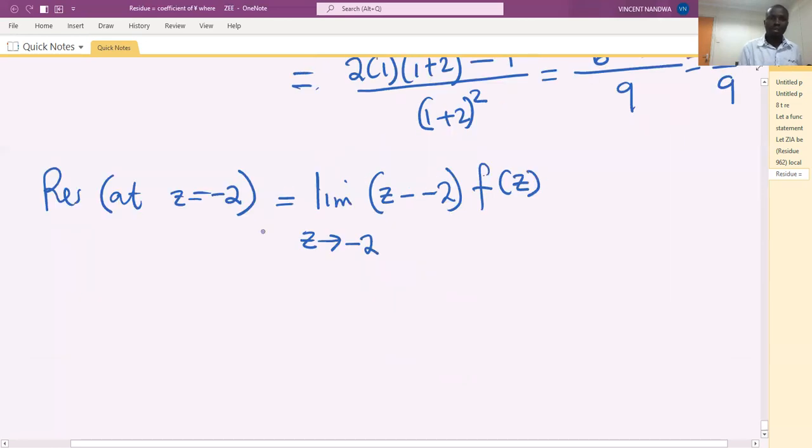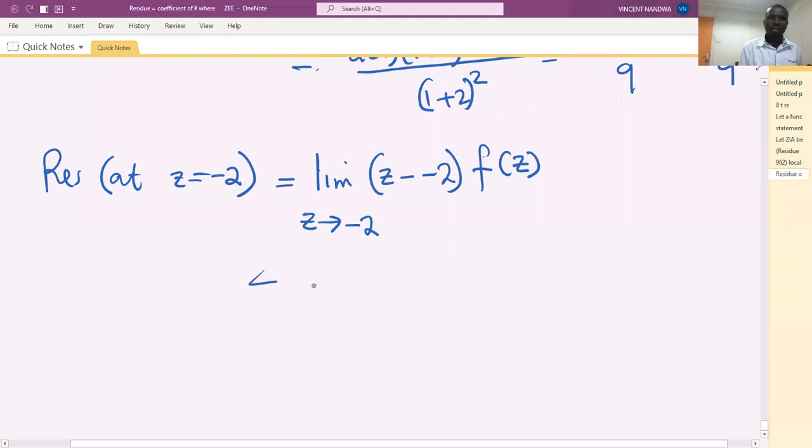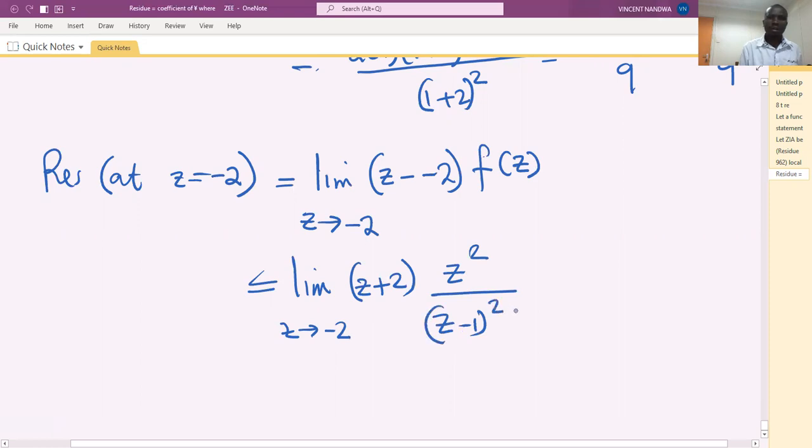So this will give us the limit as z approaches negative 2 of z plus 2 times z squared over z minus 1 squared times z plus 2.